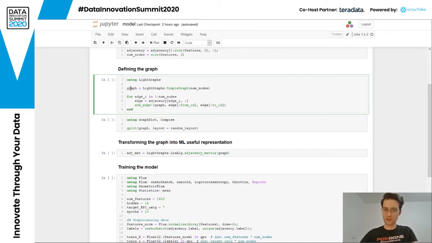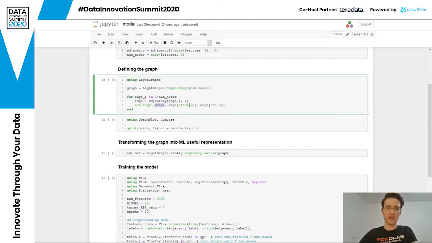So to create our graph, we define a simple graph which has the number of nodes of our network. And then we just iterate over our adjacency matrix, and we pick out its edges as defined in that adjacency matrix, and we add them to the graph.